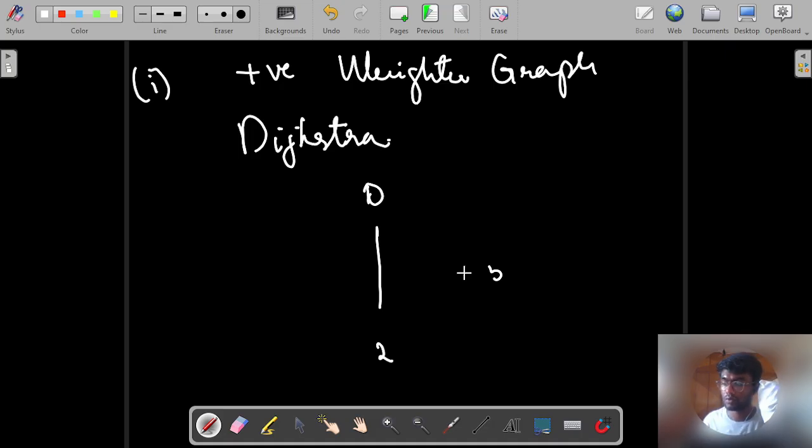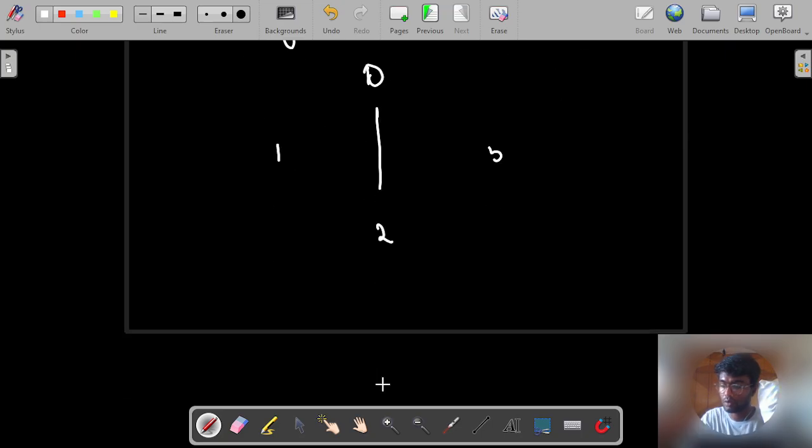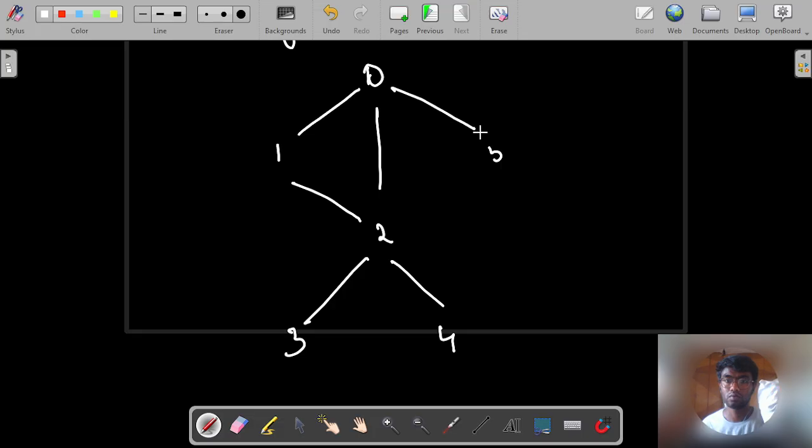Here's 1, and let's consider this way. One connects to two, and two connects to five. So the weights of these edges would be 40, 200, 50, 100, 150, and 150.